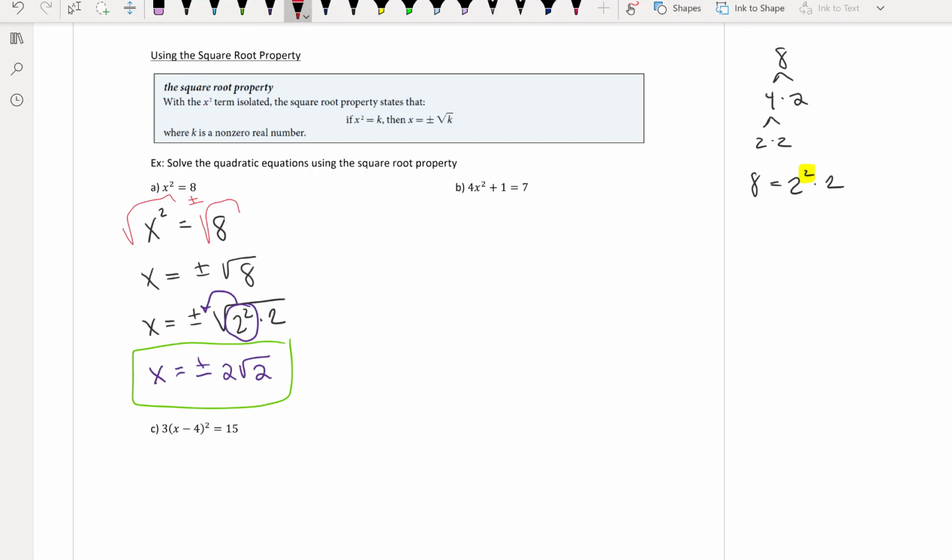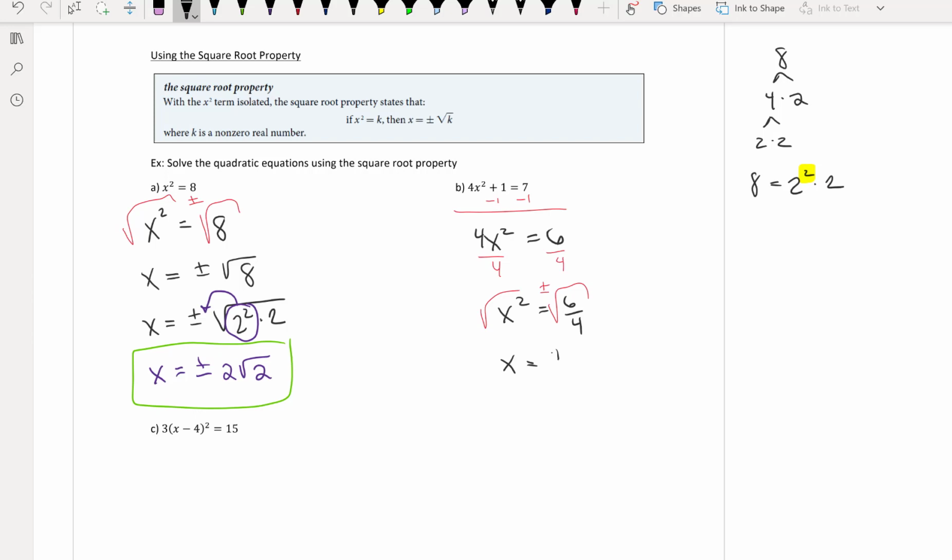In part B, I'm going to subtract 1 from both sides. So now I have 4x squared is equal to a positive 6. Now I'm going to divide by 4 on both sides, so that I have x squared is equal to 6 divided by 4. Remember that the square tells me to square root both sides, and don't forget the plus or minus.